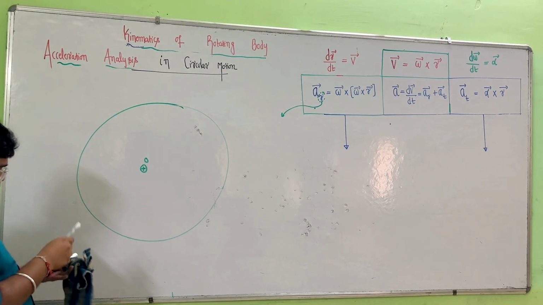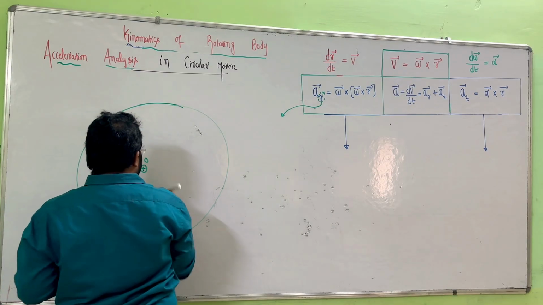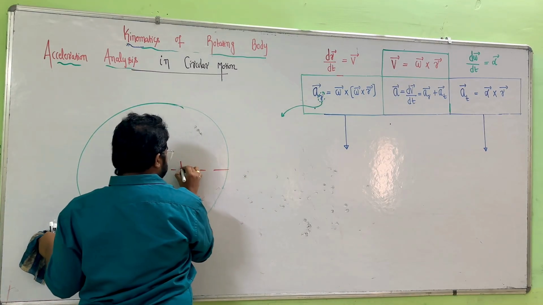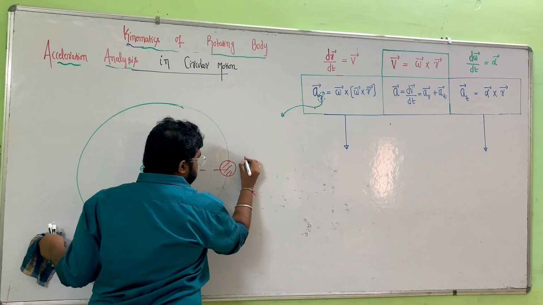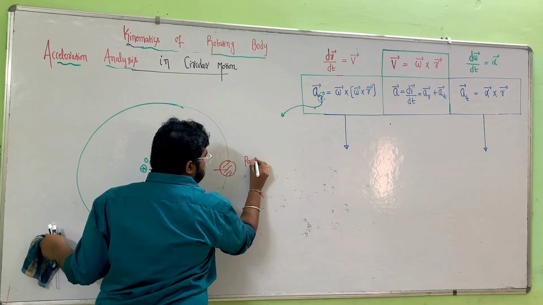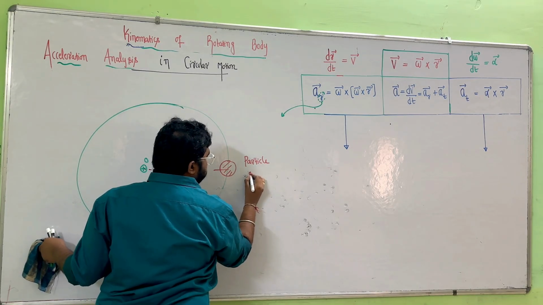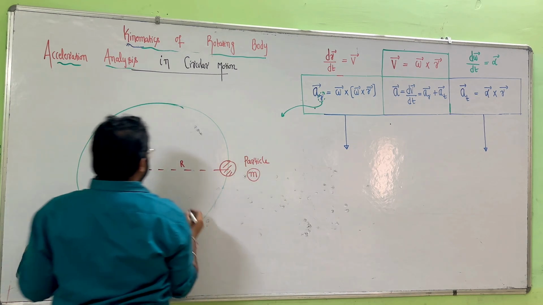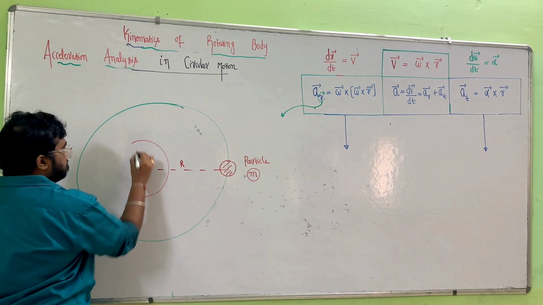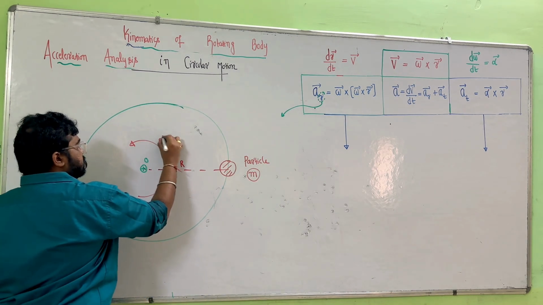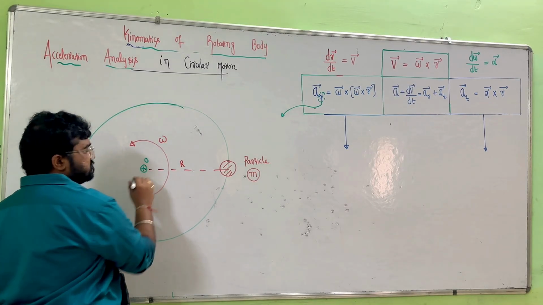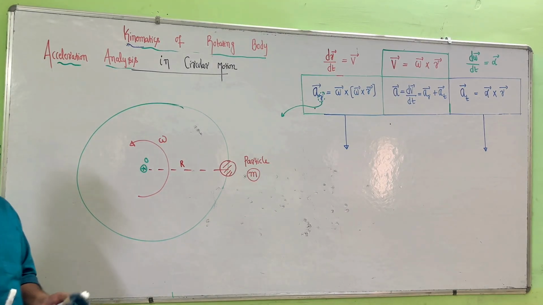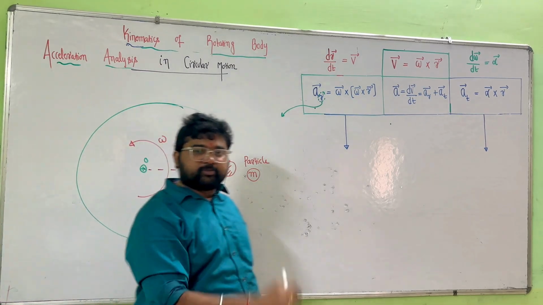Here to here, radius of the particle. This is the particle. Particle of mass m is rotating along the circle about this axis. Then the motion is called circular motion.